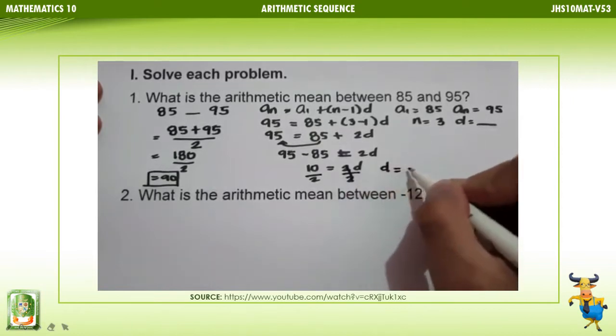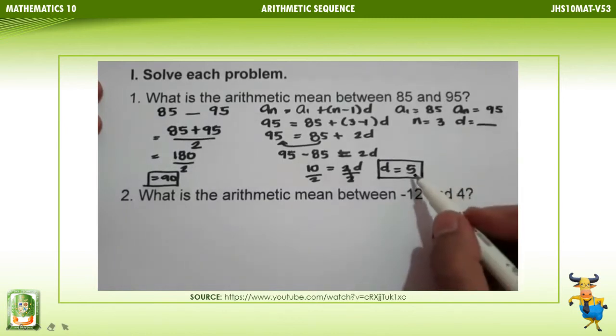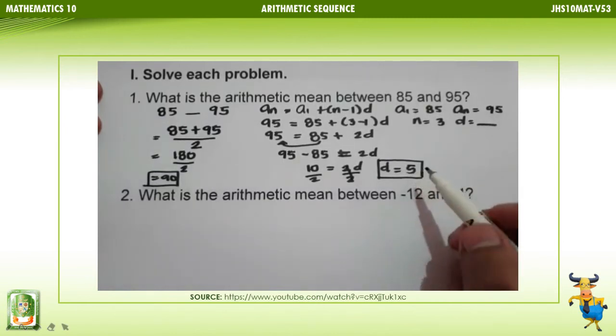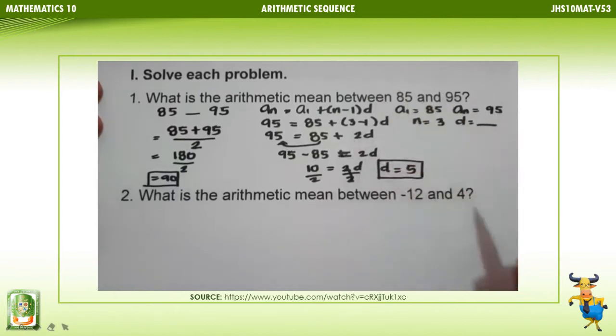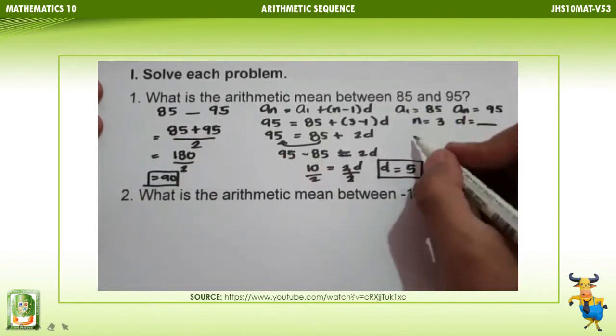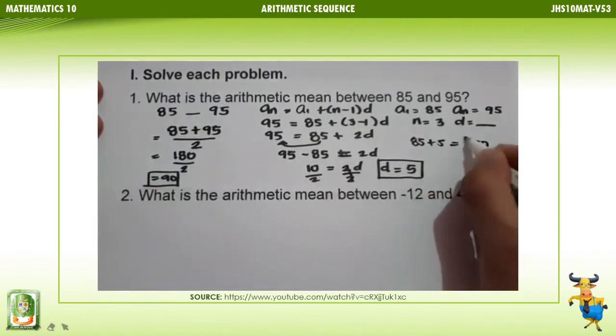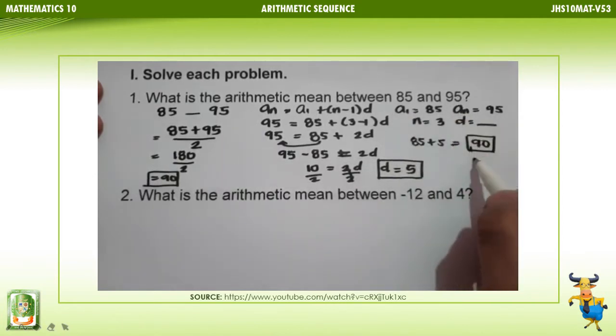So the common difference is 5. So always remember, to find the next term, simply add the common difference to the first term or last term if you are going to find the arithmetic mean. So in this case, 85 plus 5 is 90. So the arithmetic mean of 85 and 95 is 90.